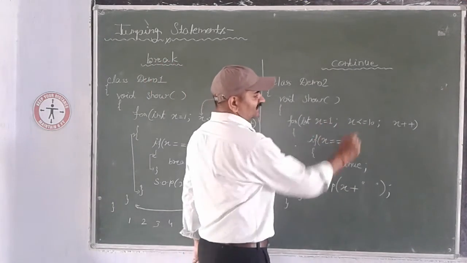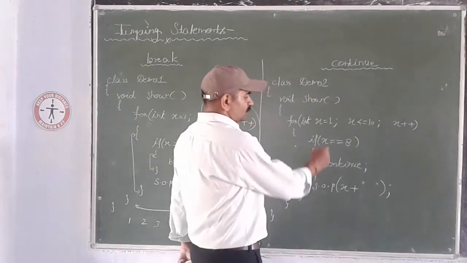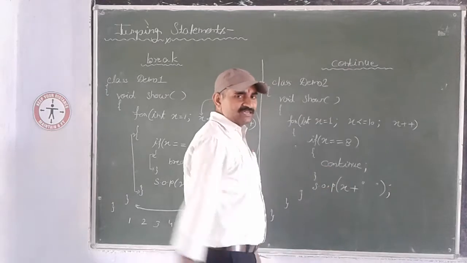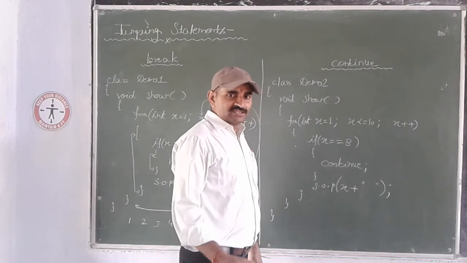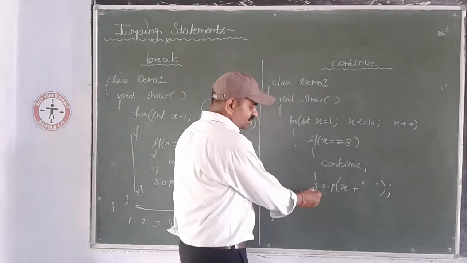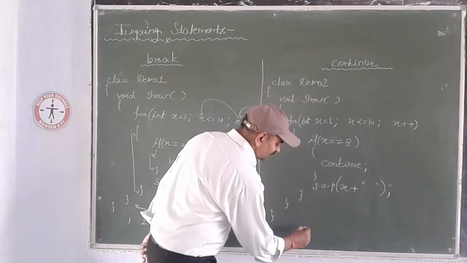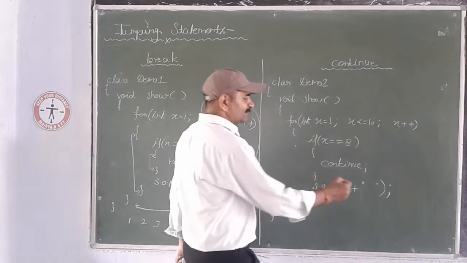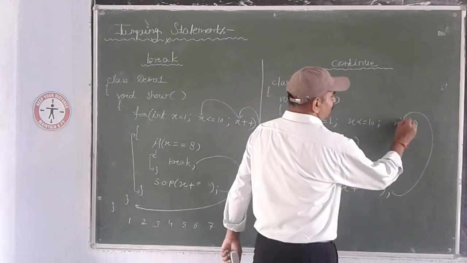So 1 is less than or equal 10, condition is true. 1 equal 8, false. So control will not take place in the body of if. It means there is no execution of the continue statement. So system.out.println of x, here x will be printed, that is 1. Same thing, control goes to the x plus plus.